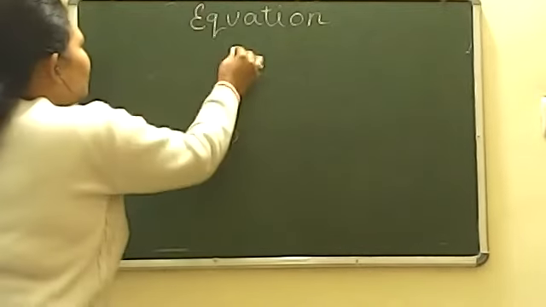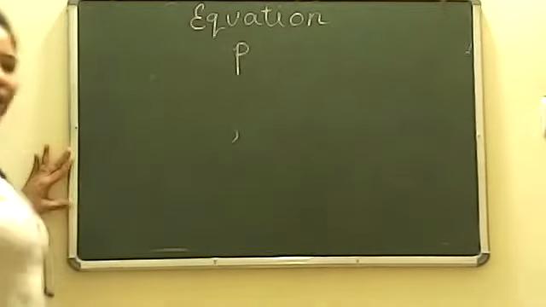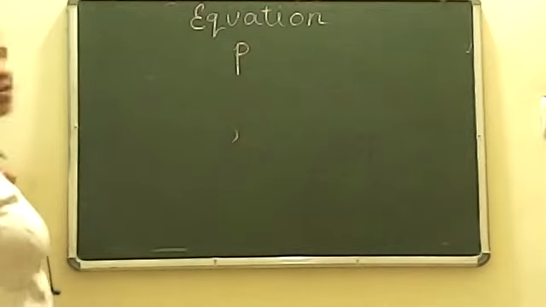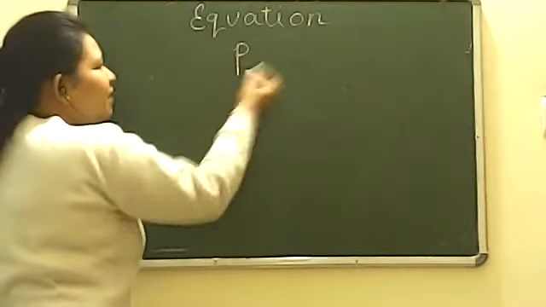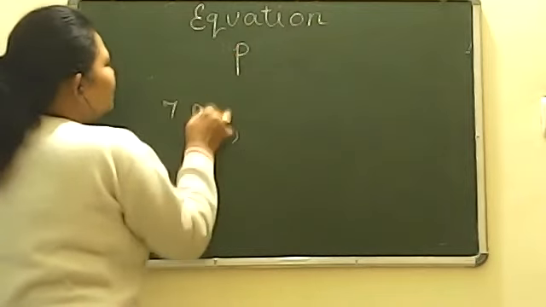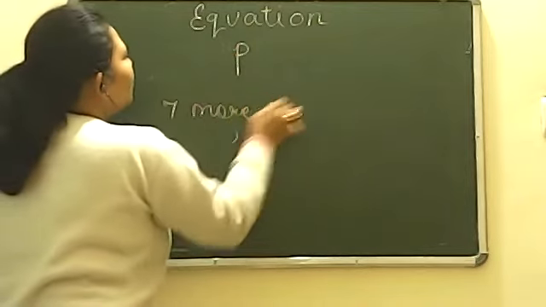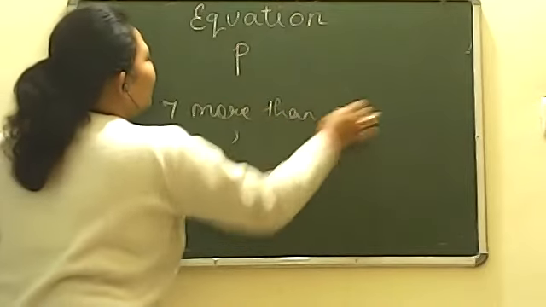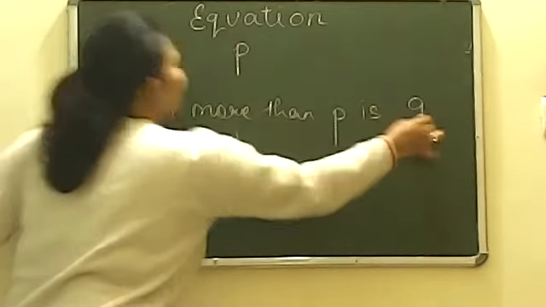Suppose I take the unknown as p. Now I am giving you a condition: 7 more than p is 9.